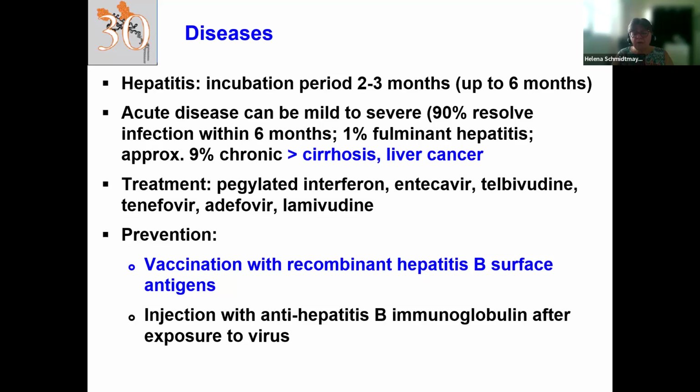Once a person who was not vaccinated is infected, usually the best way is to use hepatitis B immunoglobulin after exposure. Treatment can also include pegylated interferon or several inhibitors of reverse transcriptase. Remember, hepadnaviruses have reverse transcriptase enzyme.